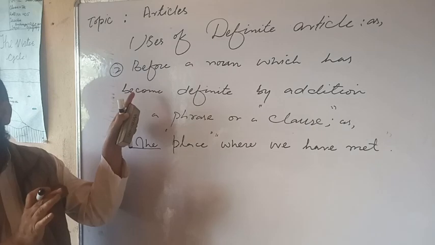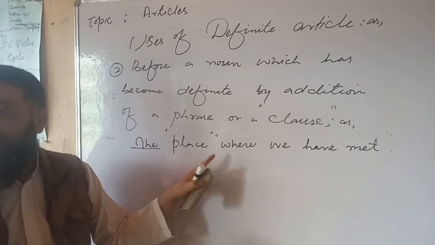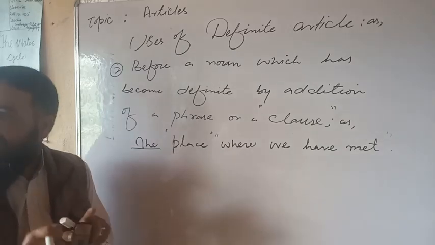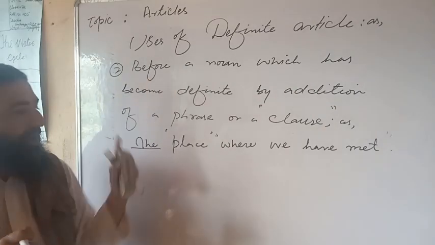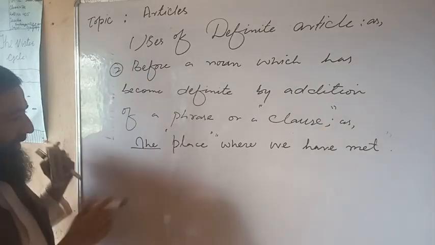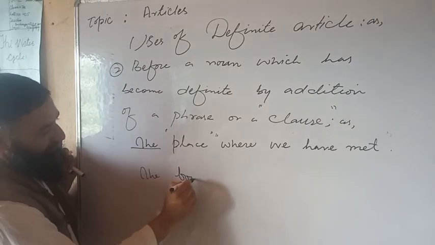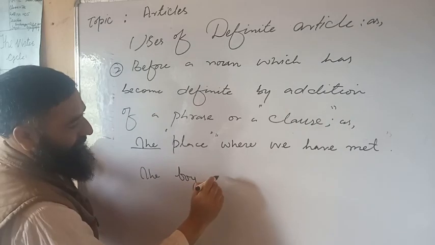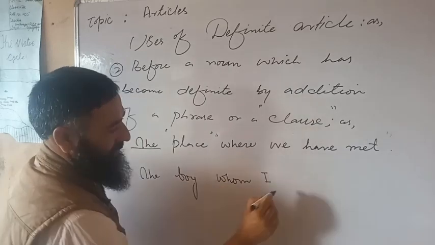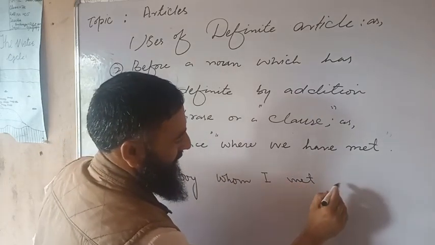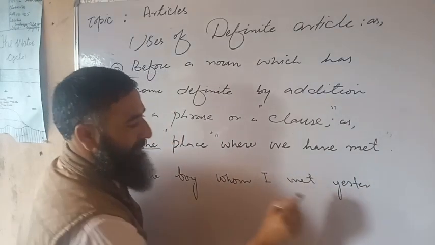You might have got the point that with the help of a phrase or a clause, sometimes you make some nouns definite, and those definite nouns will take the definite article. Is it clear? We'll cite another example. The boy whom I met yesterday.